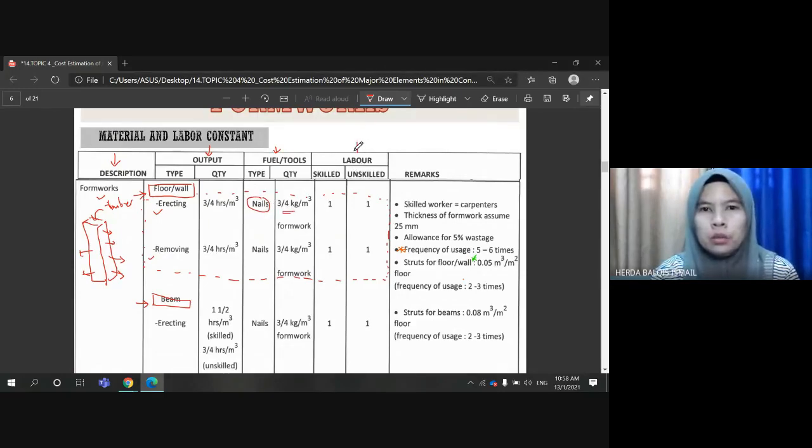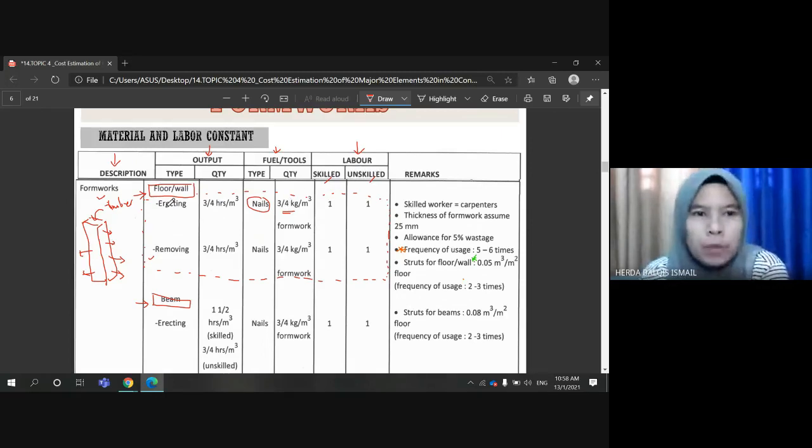For the labor, it requires one skilled labor and one unskilled labor. We look at the first part, so you can read this table and understand, before we proceed with the calculation or example to enhance your understanding.